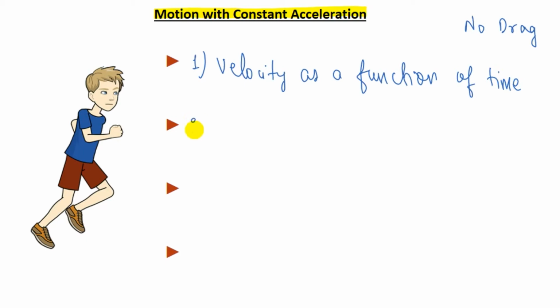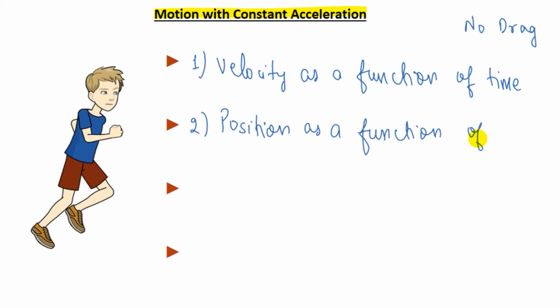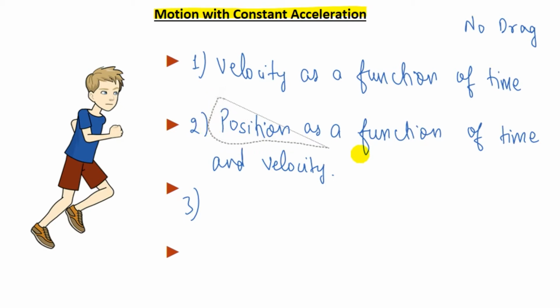The next equation would be position as a function of time and velocity. And the third equation will be position as a function of time and acceleration. This time it's time and acceleration. So we can copy this thing.